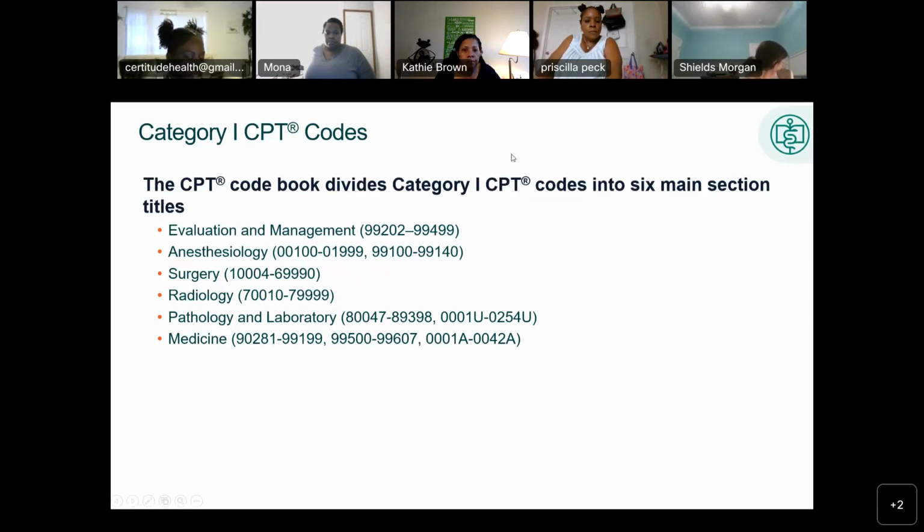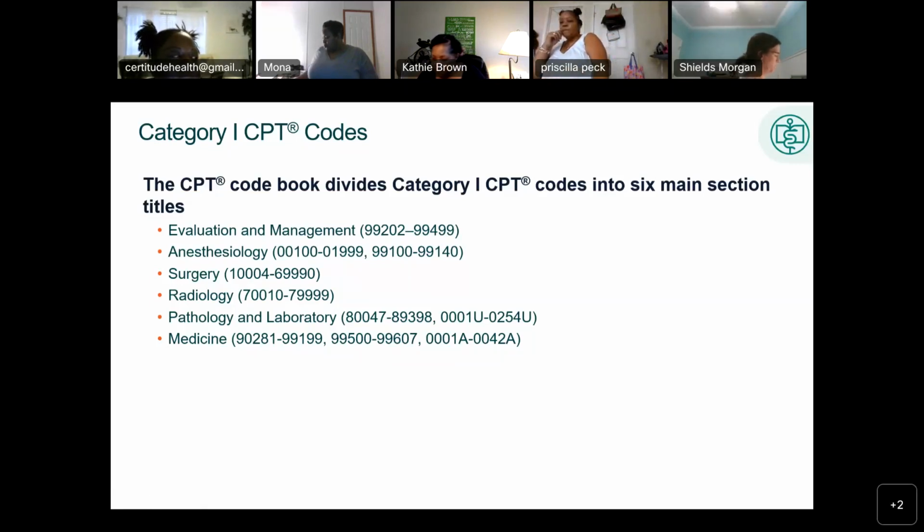So we saw this information back in the introduction, back on page 14, where it talks about section numbers and their sequences. So again, this is how the book is laid out. First, the evaluation and management codes, which range from 99202 to 99499.